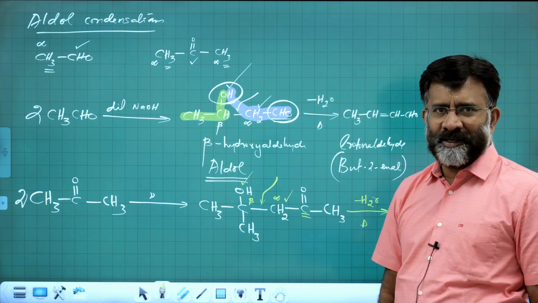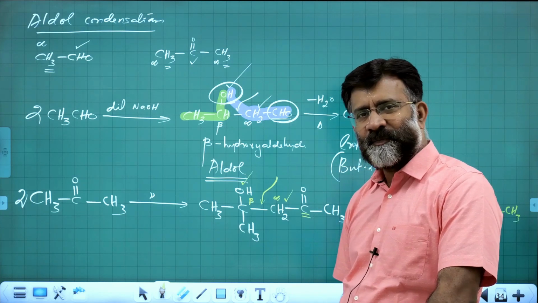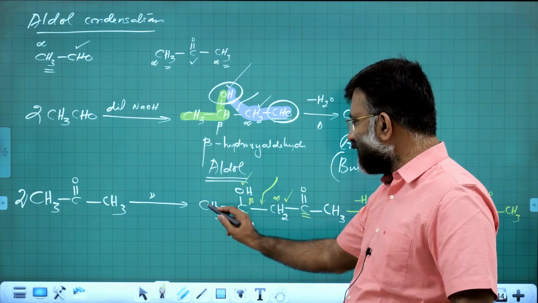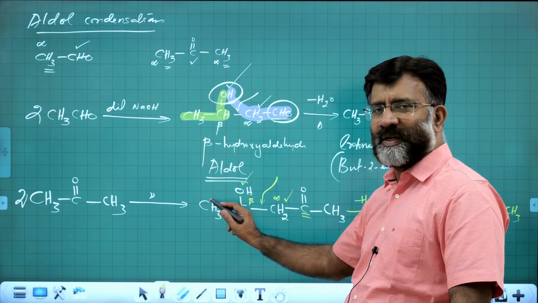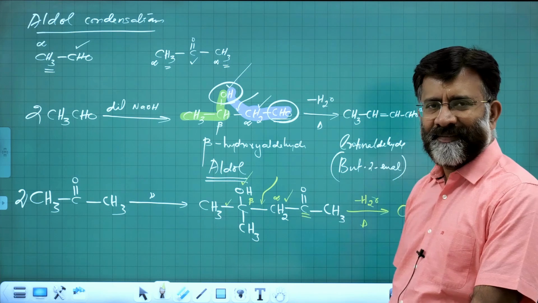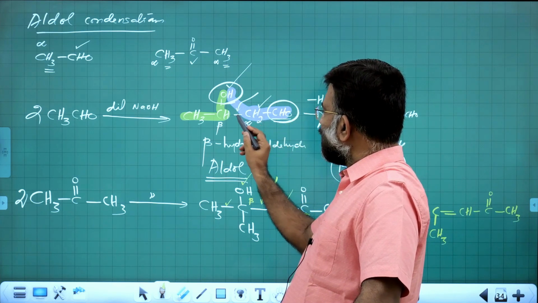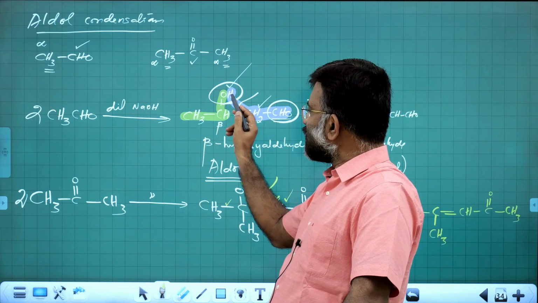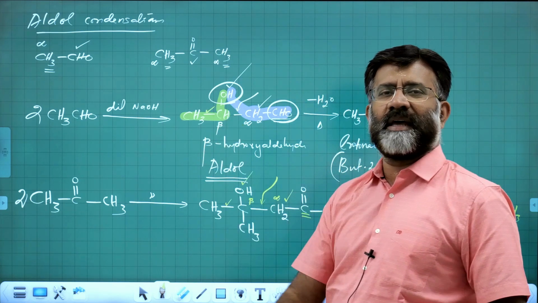You must have the thinking ability to ask why the dehydration happens over this region and not the other. It could happen, no? OH group from here and hydrogen from here eliminated, and thereby you get a double bond here. Why does that not happen? Similarly, OH from this side and hydrogen from this side eliminated, so that you get a double bond on that region. Why is that not happening?